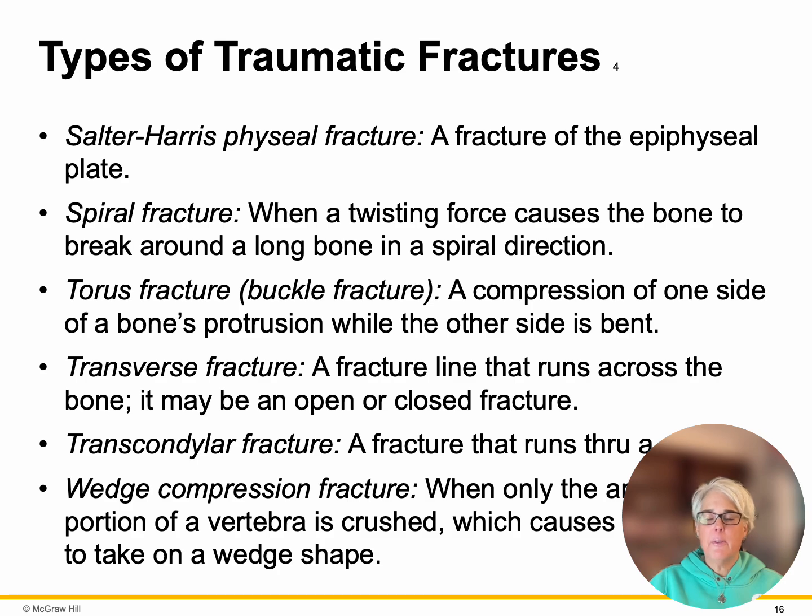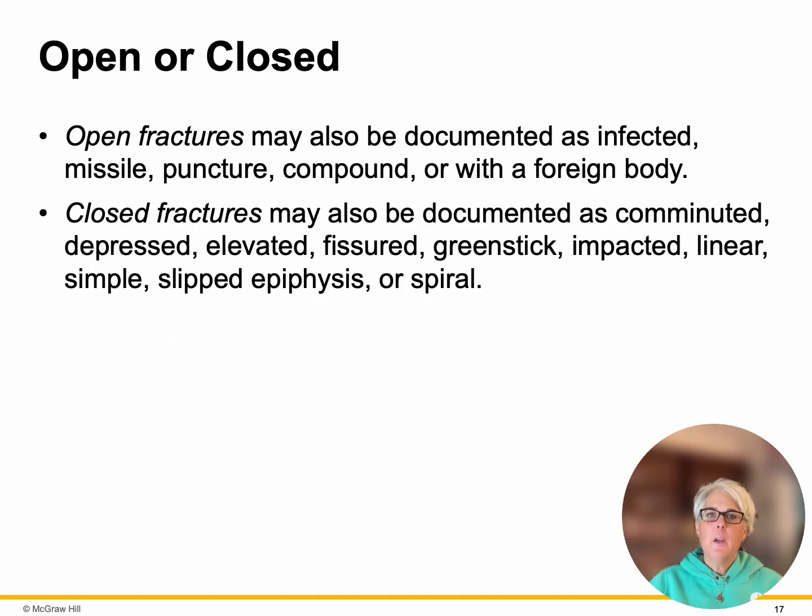Salter-Harris fracture is a very common fracture, and it involves the growth plate, which is key in pediatric patients. A spiral, torus, transverse, transcondylar, and wedge compression fracture each have characteristic radiographic appearances that often drive the terminology in the note. Documentation may not literally say open or closed.